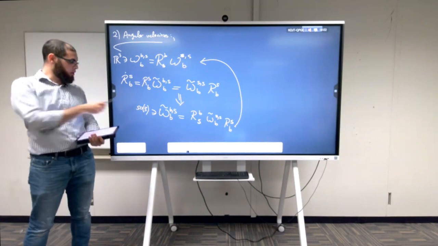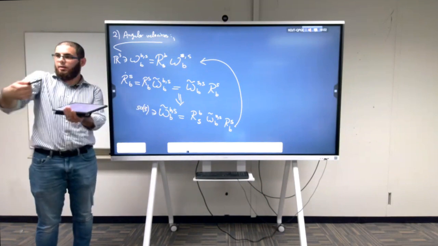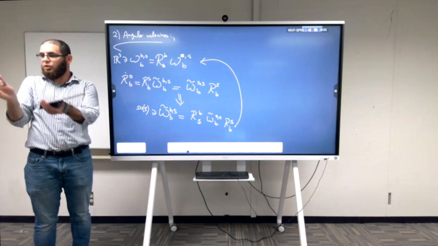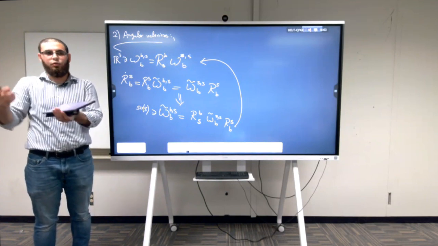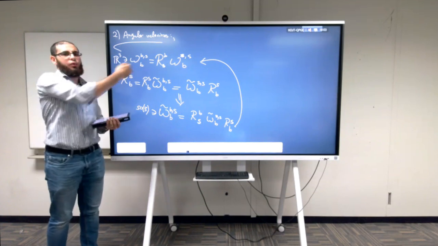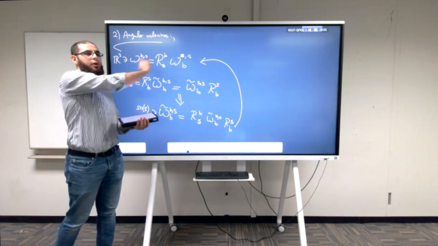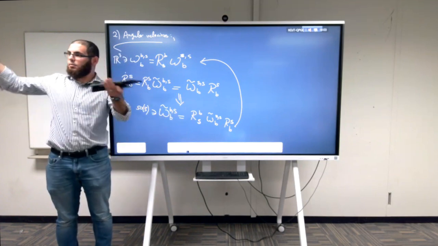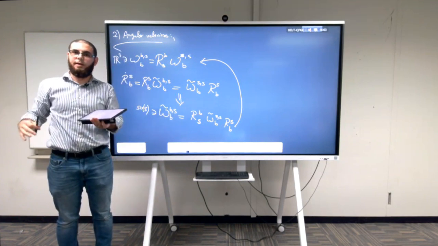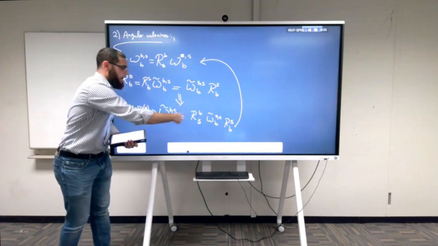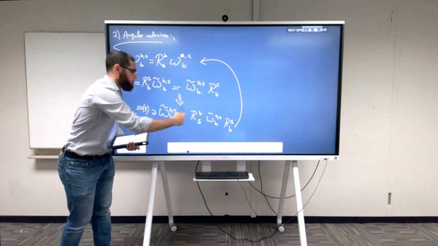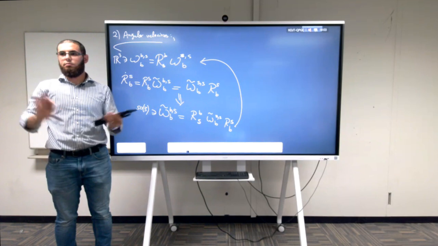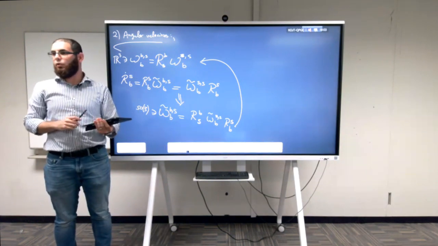In the end, of course, there are two vectors related by some expression. When you look at it in R3, it makes sense: you just have a linear map from R3 to R3. But SO3 is again a vector space, just a nasty looking vector space. You cannot visualize it, and we still have an expression that takes this vector to that vector. Clear? So this is part of the homework you're going to be working on.